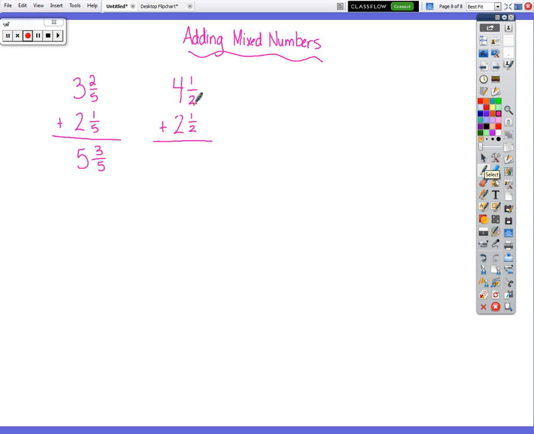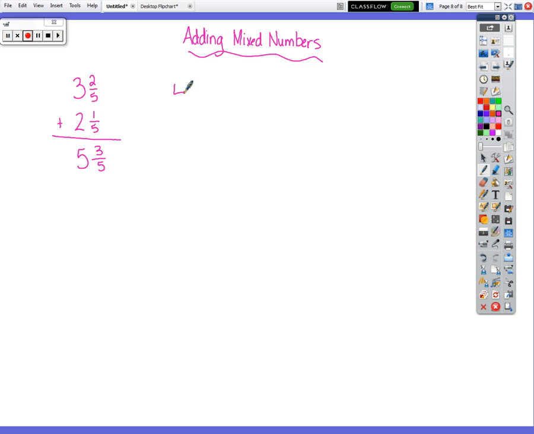So I'm going to add my halves. 1/2 plus 1/2 is 2 halves. 4 plus 2 is 6. Now, my 2 halves, scratch this one. Sorry. I'm getting ahead of myself. I don't want to do that one.